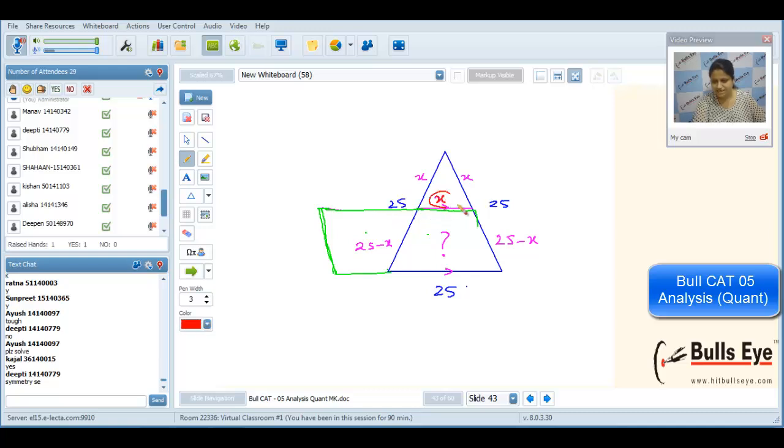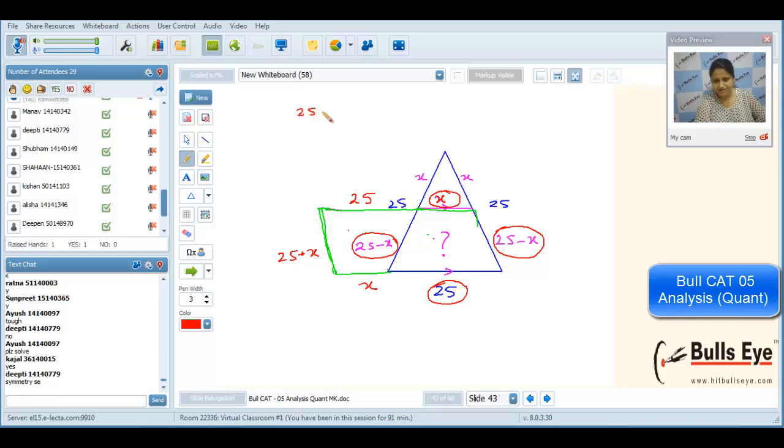Now this is x, this is 25 minus x, this is 25, this is 25 minus x. We have the exact trapezium upside down, so this will be 25, it will be x, and it will be 25 minus x. Now we can find the parallelogram perimeter.